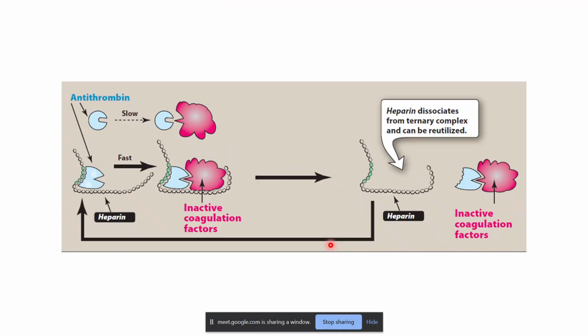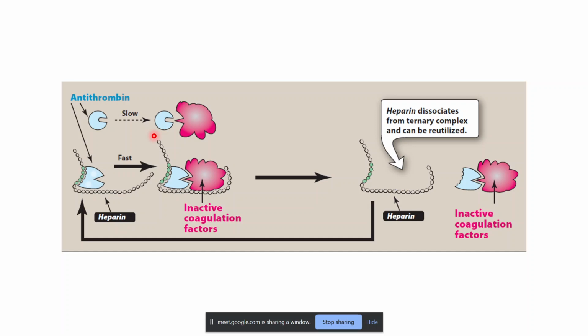So there are two types of drugs, direct and indirect. Direct are heparin and low molecular weight heparins, which activate antithrombin 3.